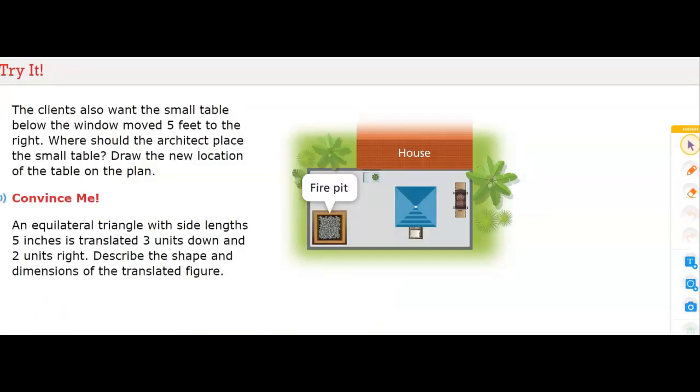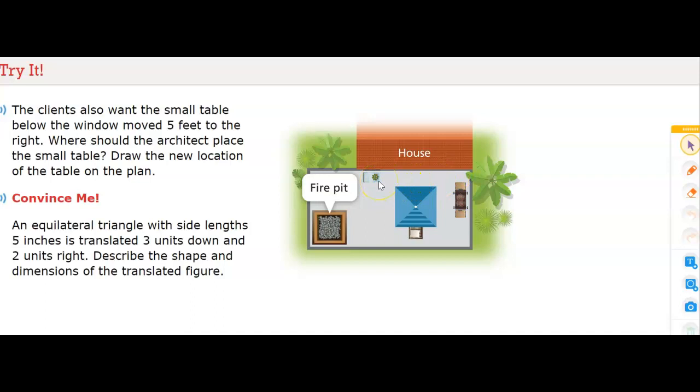The clients also want the small table below the window moved 5 feet to the right. Where should the architect place the small table? Draw the new location of the table on the plan. I'm assuming that this right here is the small table that they want to be moved 5 feet to the right. So 5 feet to the right will be this way.